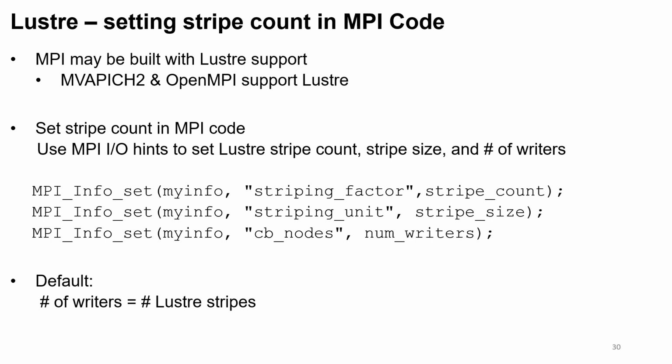The first argument is the MPI_Info object that we declare and pass here. Notice that these values that we provide, cb_nodes, striping_unit, and striping_factor, which is the second argument, are strings, so we have to specify them in double quotes. The actual values are the third argument to these function calls.